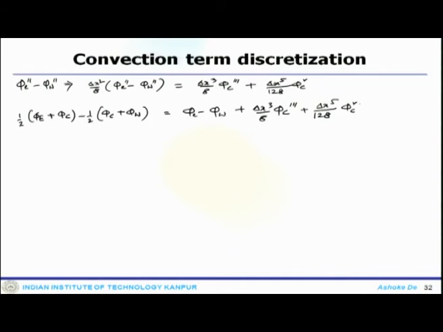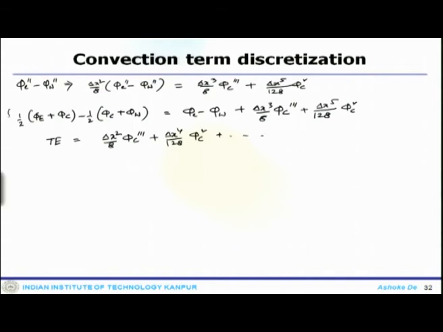then the truncation error term will be order of delta x square by 8 phi c triple prime plus delta x 4 by 128 phi c fifth and so on.